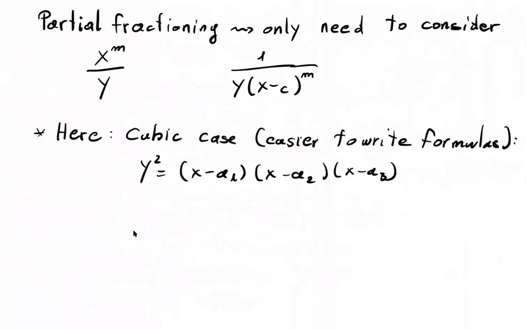The y doesn't interfere with the partial fractioning. And you can see that the only things that you need to consider now, before it was powers of x and inverse powers of x minus something, now it would be powers of x divided by the square root, or these inverse powers divided by the square root. So the only integrals I need to understand are those.